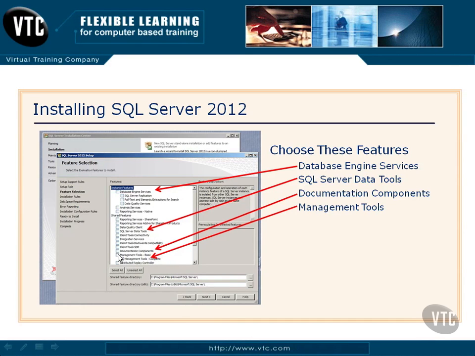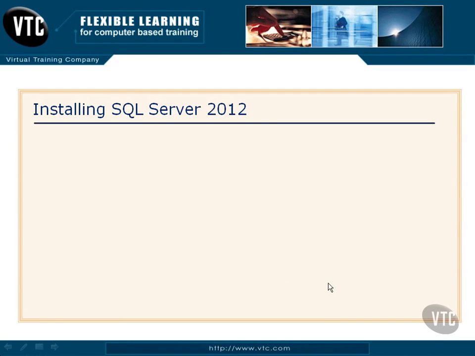Now when you click basic, it should click complete, but just make sure that you get both of these. All right. Then you should have, at this point, chosen the features that you'll need for this course. You'll also notice down here, let me get my mouse back, there is a shared features directory for x86. Unless you have a good reason to change these, just leave them the way they are.